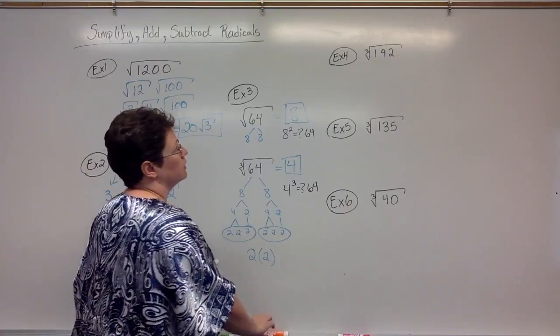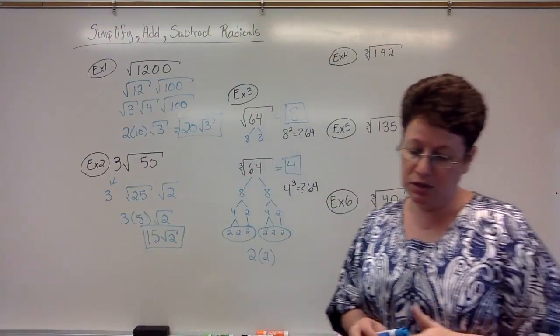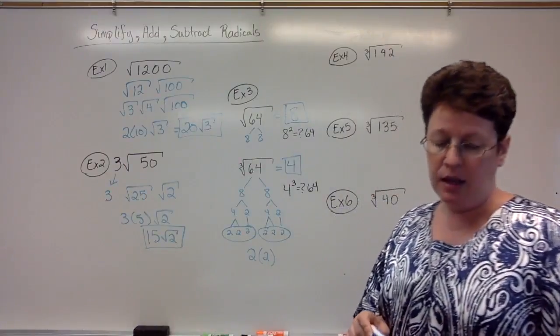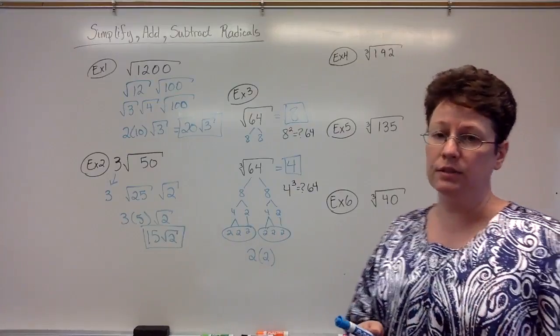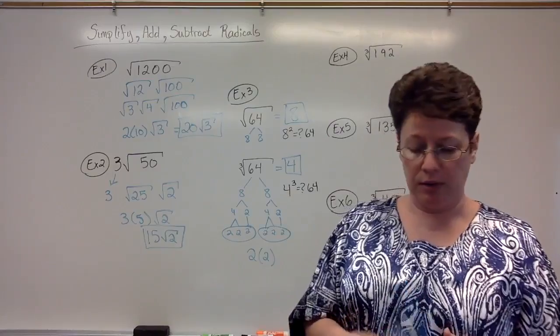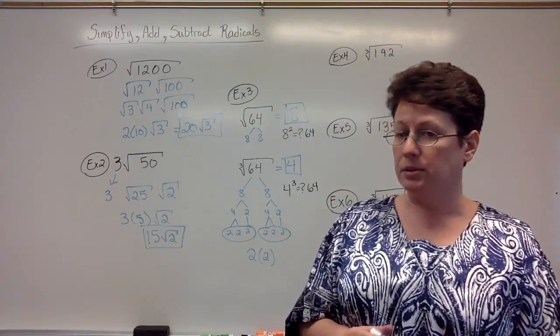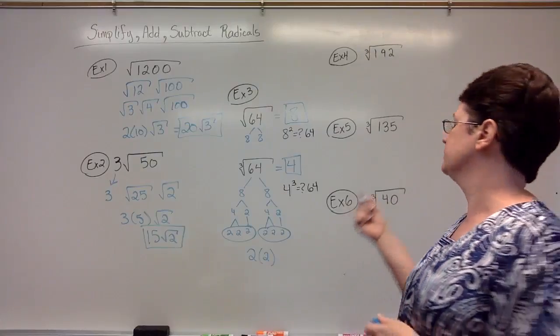Let's do example 4. And yes, the numbers tend to be bigger with these. So, evens, you typically start with dividing by 2. Odds, you divide by 3. I happen to know that 192 is divisible by 3.